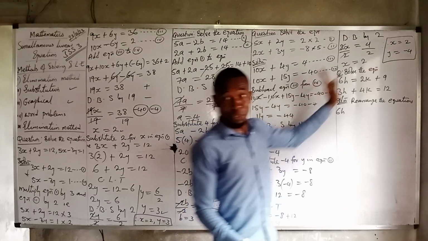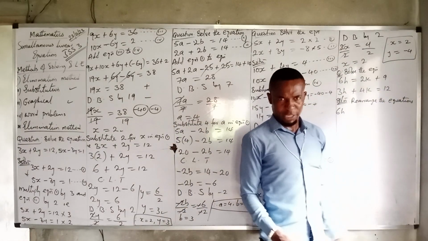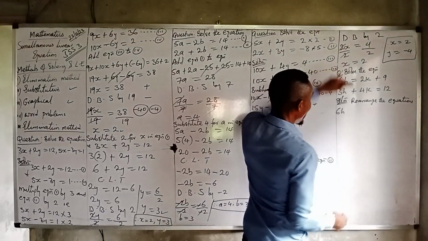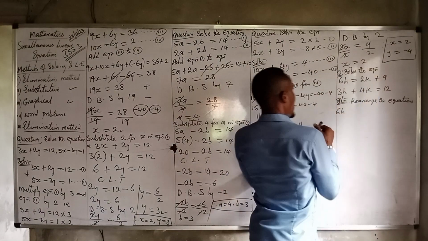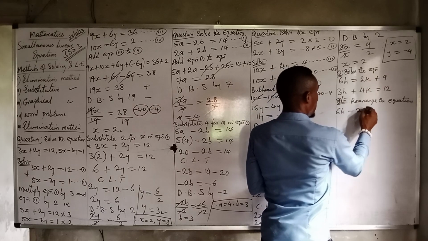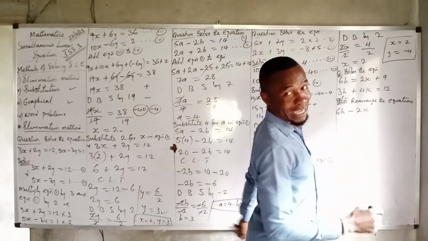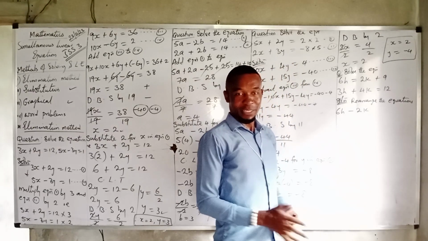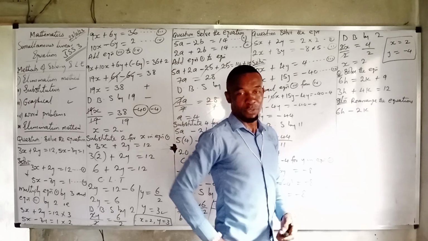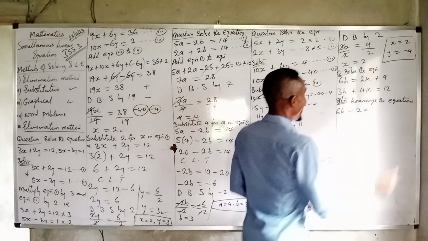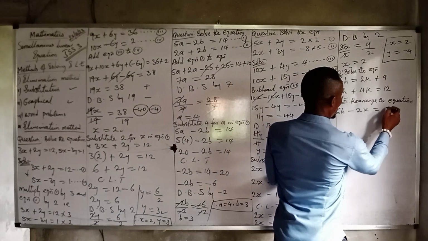So 6H, and this is plus 2K, which crosses and becomes minus 2K. So minus 2K equals 9.